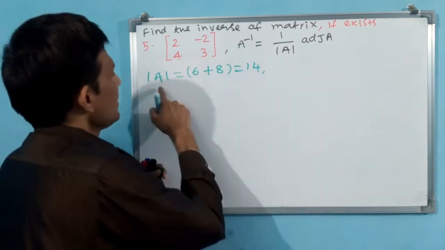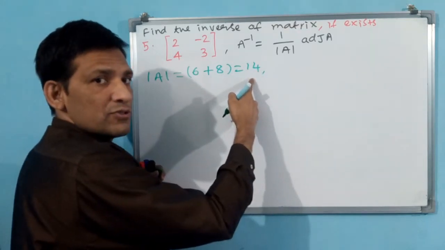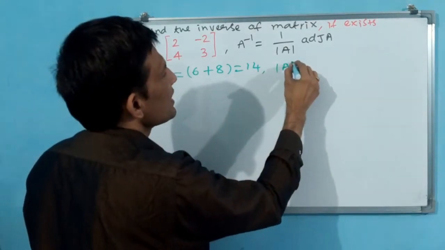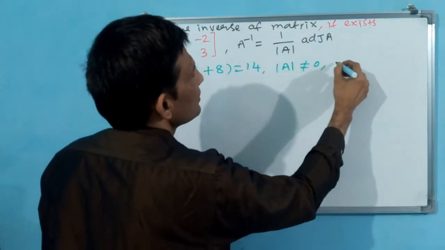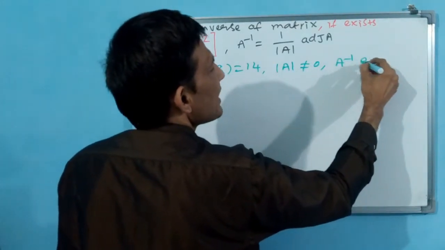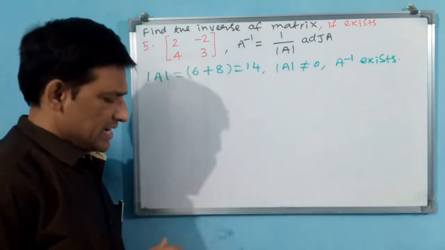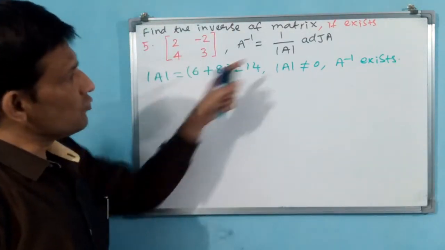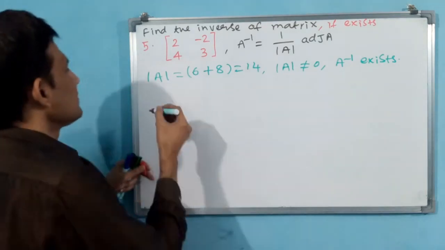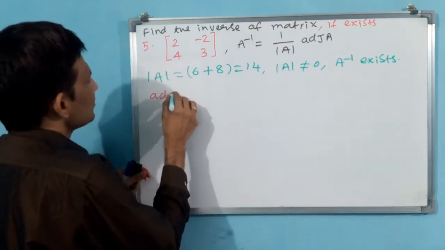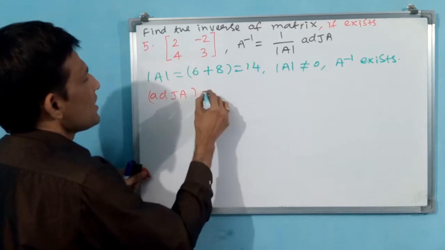That means, see, determinant A is not equal to 0. Write down. Determinant A is not equal to 0. Therefore, A inverse exists. Okay. A inverse exists. If A inverse exists, then you proceed for adjoint A. Okay. Adjoint A. Adjoint A is also easy for 2 by 2.